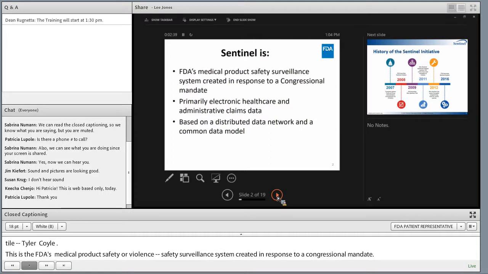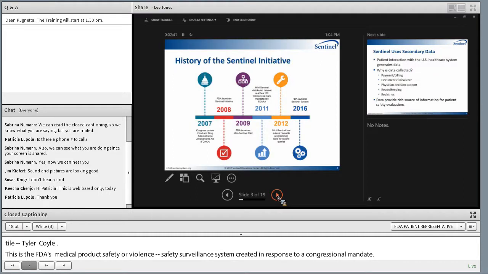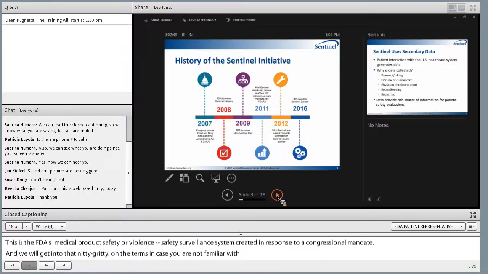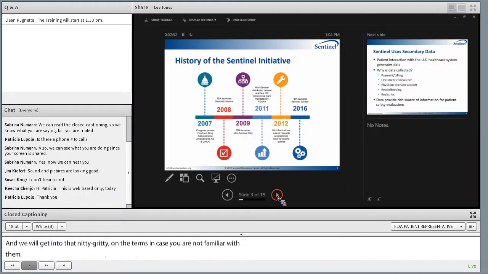Next slide, please. So, a brief history of the Sentinel Initiative. In 2007, Congress passed the Food and Drug Administration Amendments Act, or FDAAA, granting the FDA several responsibilities and authorities with respect to the post-market surveillance and assessment of medical products.